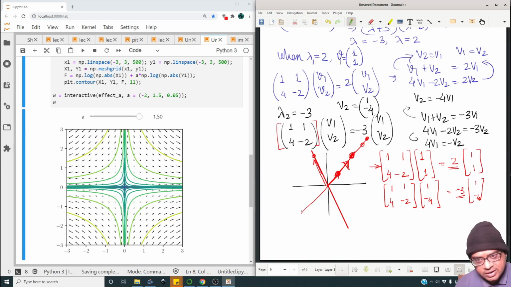So the point is attracted like this. On these special directions, the points are attracted and the points are repelled. For a linear system, the origin is a fixed point. This fixed point is attracting along this eigen direction, and it is repelling along the other eigenvector.